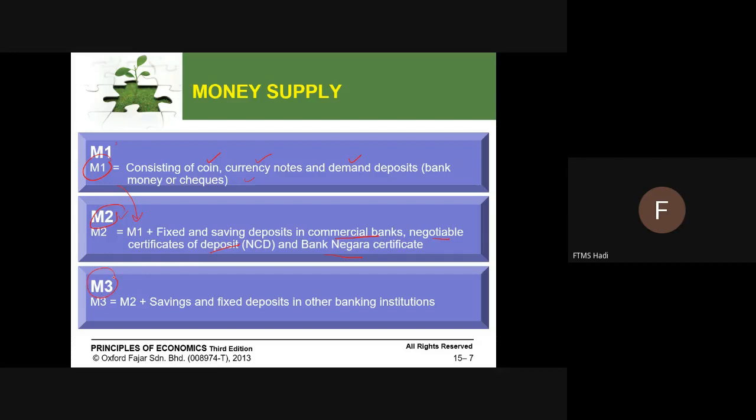And the last one, M3, is M2 plus savings and fixed deposits in other banking institutions, meaning non-bank institutions, for example EPF, MIDF, development banks, and insurance companies, and so on.